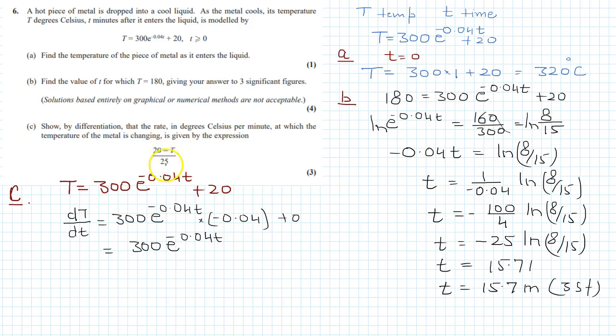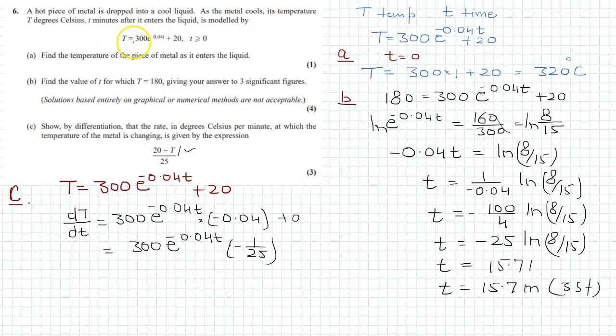You can see the answer is given in terms of 25, and what we have calculated is minus 12 e to the power minus 0.04 t, which is minus 300 over 25. We have 25 already, but we have this here and it wants the answer in this form. So we get a hint from here.